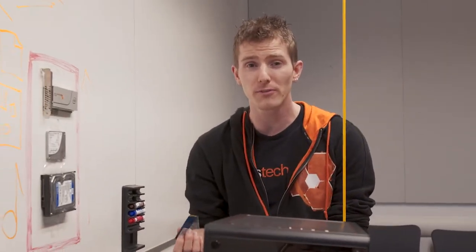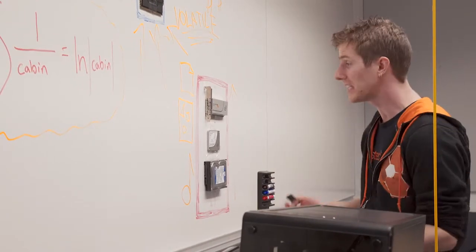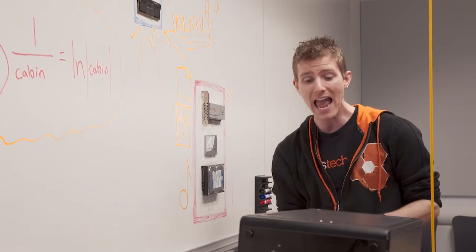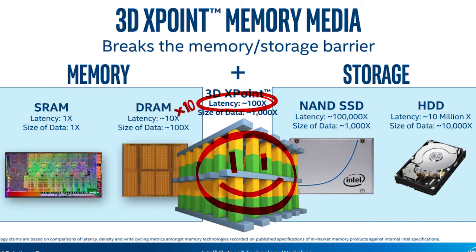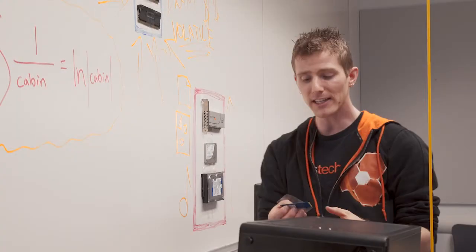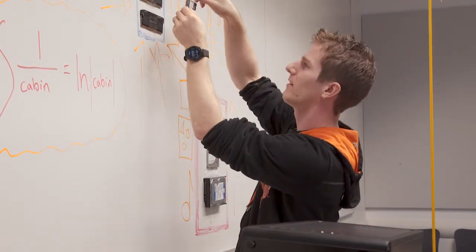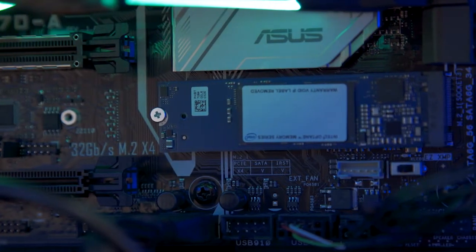Getting back to Optane though, 3D cross-point memory is unlike anything we've ever seen before. At a die level, both its performance and endurance exceed even the NAND used in the highest end SSDs today, and perhaps even more importantly, it has only 10 times the access latency as DRAM, meaning that it can be used as more of an extension of system memory or like a fifth level of CPU cache.